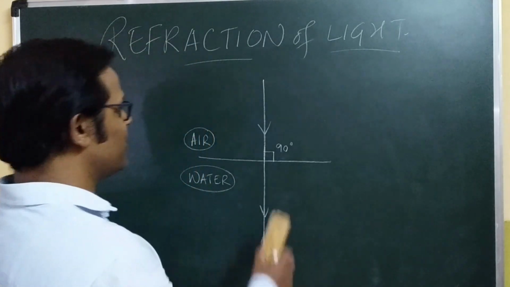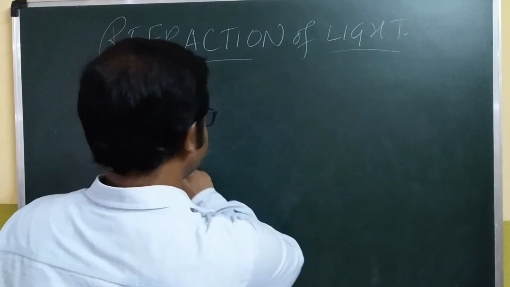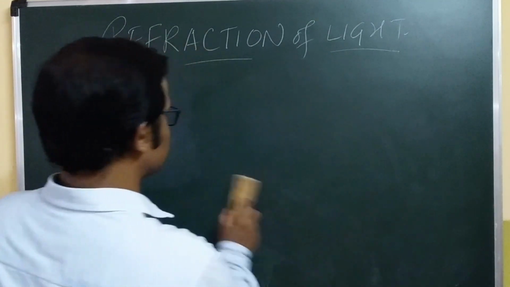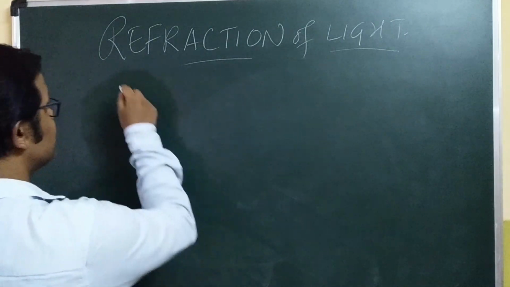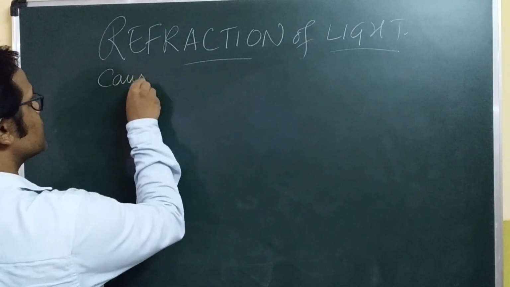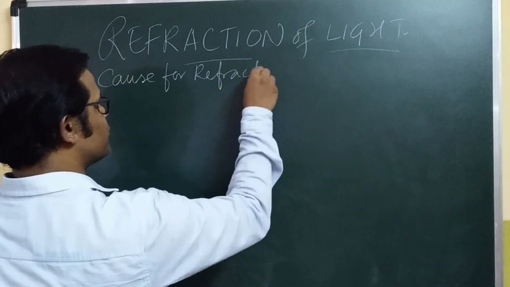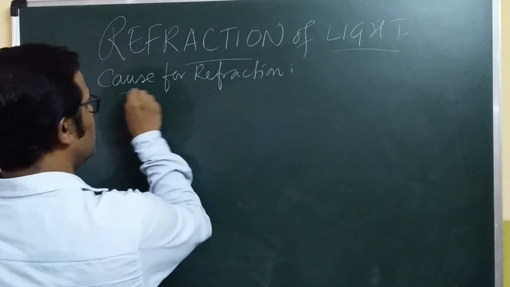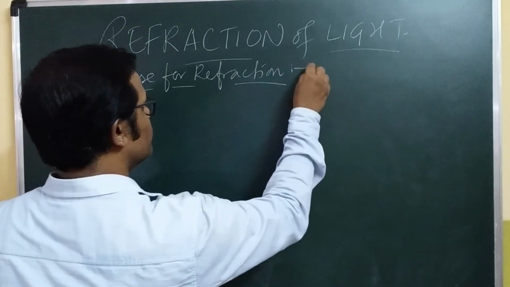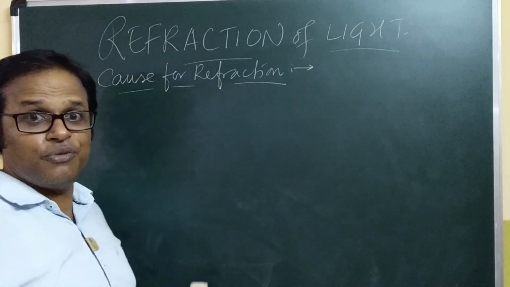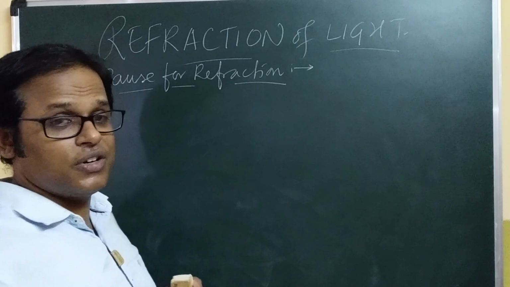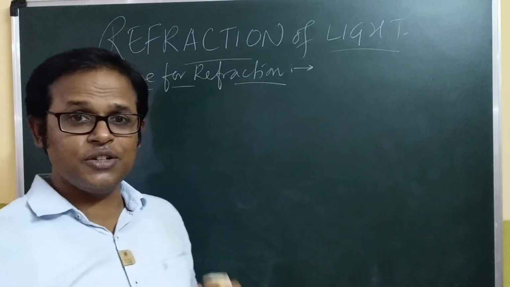Okay, let us quickly learn the reason. So this is the important part of today's class, the cause for refraction of light, which actually created all the beautiful illusions which I have shown you in the first part of this video. All right, cause for refraction.